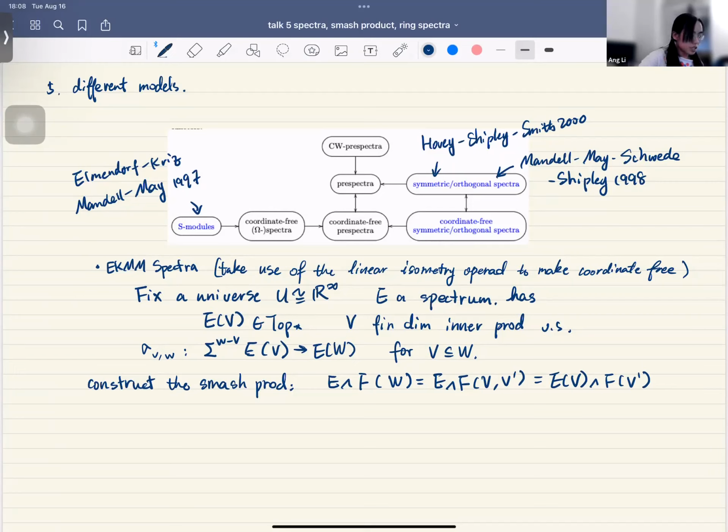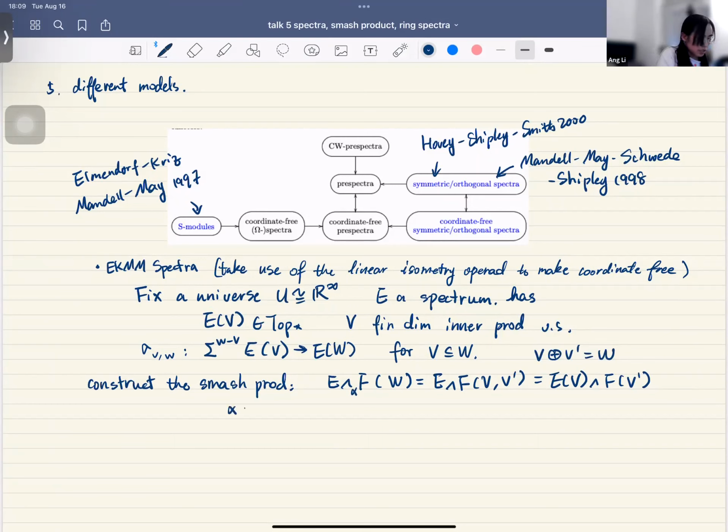Right. So ideally, you want to separate V and V prime, and then define it to be the smash product of E and F. So I should make a note. Yeah, but this depends on a choice.